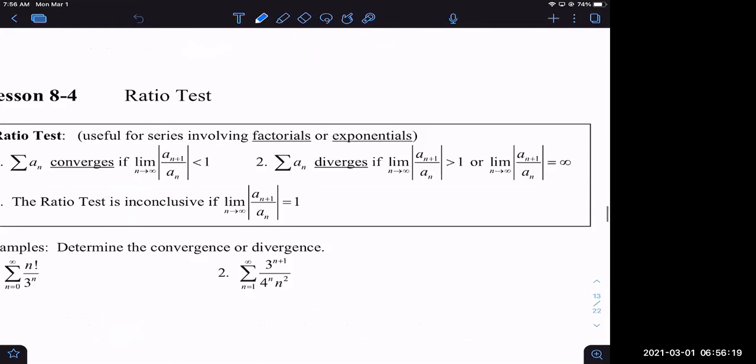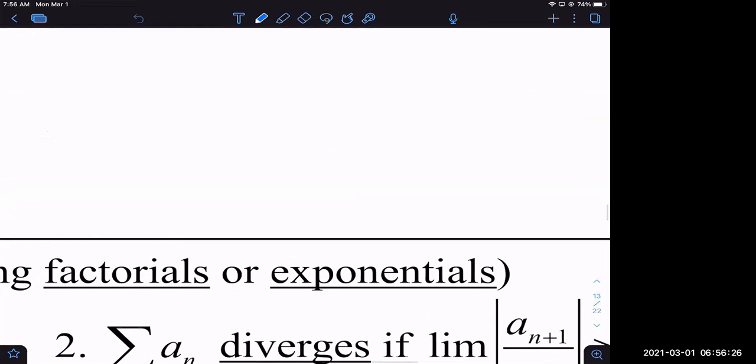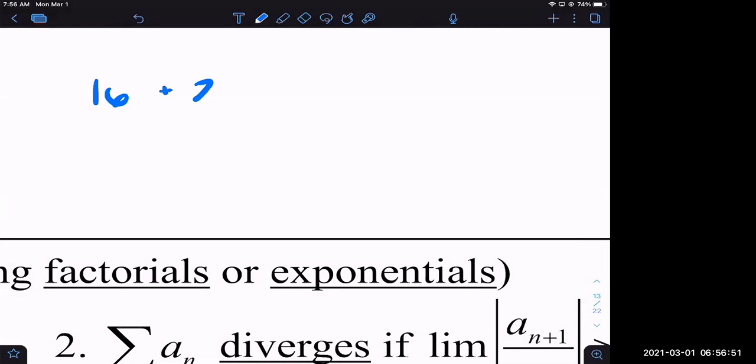If we have a geometric series where it wasn't obvious what the ratio is, let's say I gave you one where the first term was 16, and then the next term, I want it to be a good one.